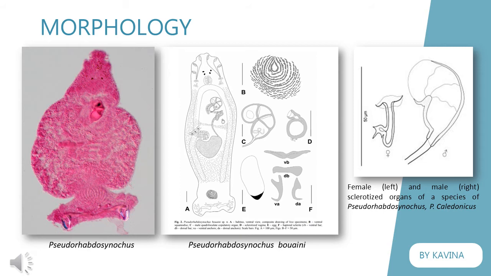B. Ventral squamodisc. C. Male quadriloculate copulatory organ. D. Sclerotized vagina. E. Egg. F. Haptoral sclerite. VB. Ventral bar. DB. Dorsal bar. VA. Ventral anchors. DA. Dorsal anchors.